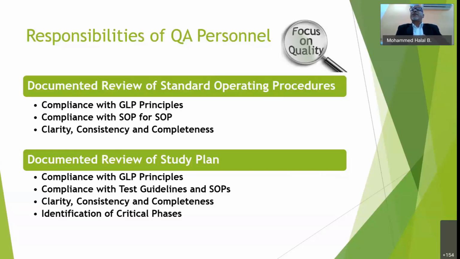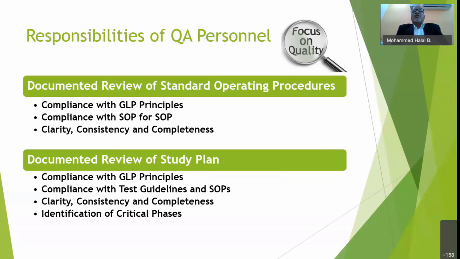And identification of critical phases. There will be many phases for an in vivo study: receiving animals from the animal house, how many animals are required to conduct the experiment, taking the body weight, the body weight required to conduct the experiment, dose calculation, dose formulation, dose preparation, and also submitting the test item request from the test item control, what test item is required and how much.